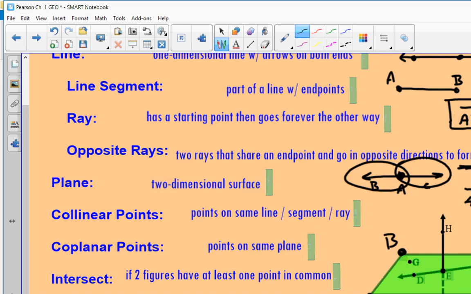So I put A, B, C, D, or let me do this. I forgot about that one. I'll put Z down here because Z's not there. The D was already on the plane, okay? So I need to just have 3 points to identify a plane, or 3 corners. That's what I like to look at. 3 corners to name a plane.